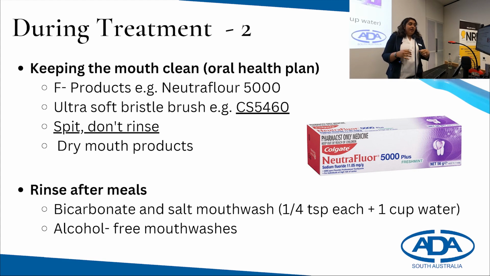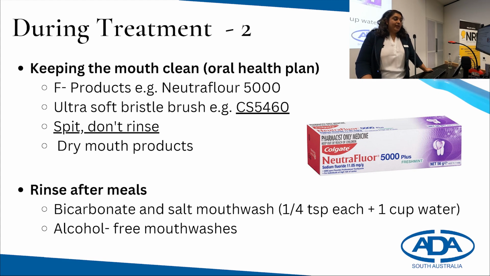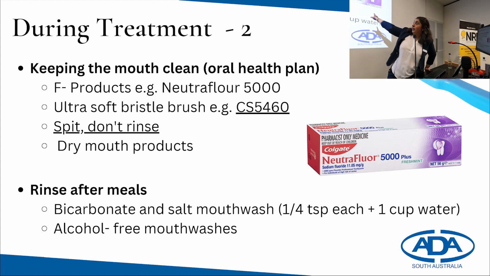So in Australia, generally all fluoridated toothpaste is about 1,000 parts per million fluoride. And maybe looking at something like a high strength toothpaste, for example, I've got here Nutrifluor 5000, which is one type of high strength toothpaste. That is about 5 times stronger than what you can buy in the shops. And it's that added defense that you really should be looking at, because when your mouth is dry, you're open to getting lots of decay.